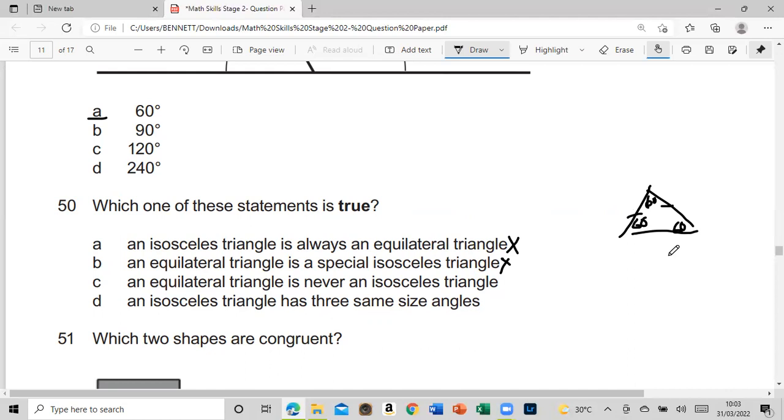Read them carefully, guys. An isosceles triangle is always an equilateral triangle. An equilateral triangle is a special isosceles triangle.